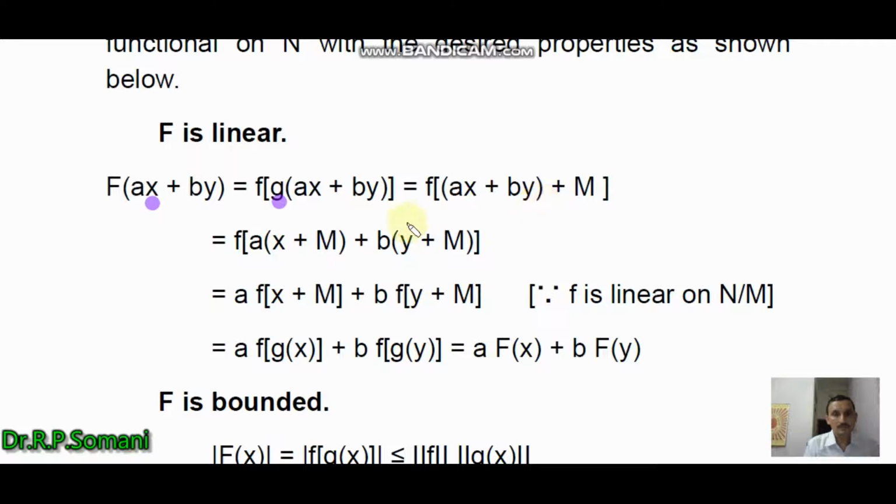Applying the calculation, we can write this as f(a(x + M) + b(y + M)), and as f is linear, we can write this as a f(x + M) + b f(y + M). Then applying the reverse definition of G(x), we obtain a f(G(x)) + b f(G(y)), which is equal to a f(x) + b f(y). In this way, we obtained that f is linear.